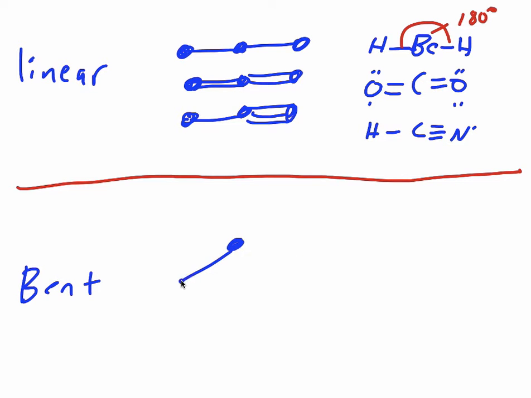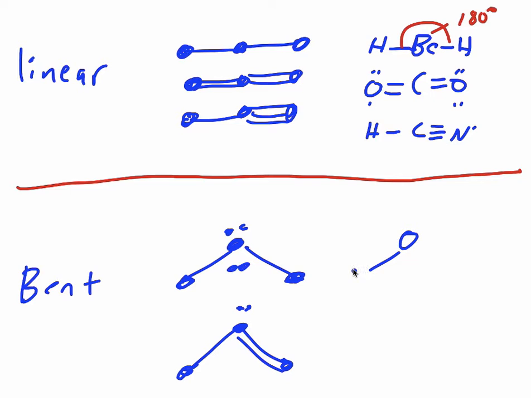And bent has a bent shape. And what causes these bonds to bend here that are not there? Well, that's the presence of one or two lone pairs of electrons. So these lone pairs of electrons are flying around this thing three-dimensionally, and these bonds are going to bend away from those lone pairs of electrons. We can also have a situation that looks like this.